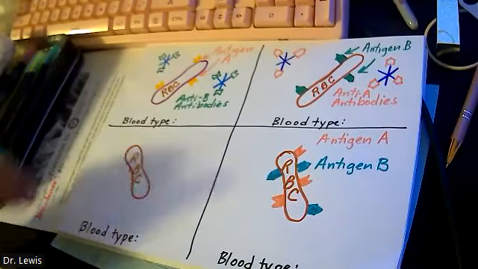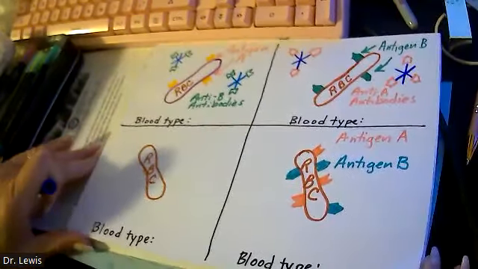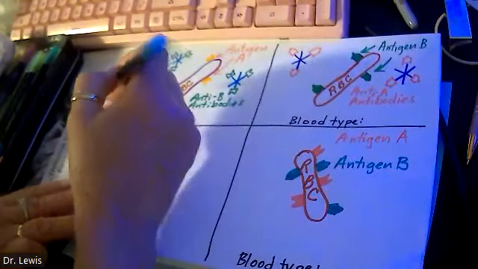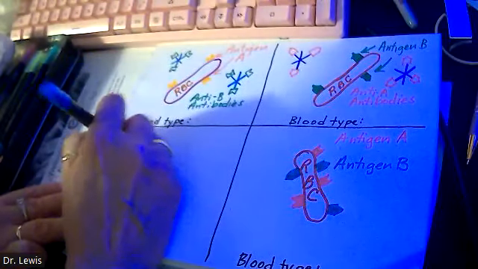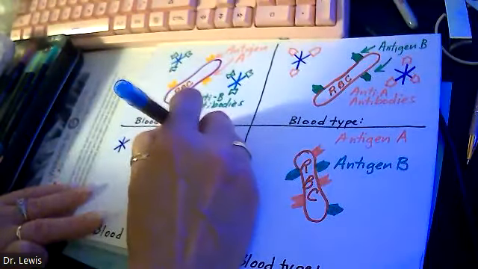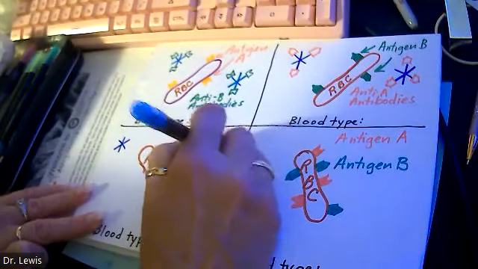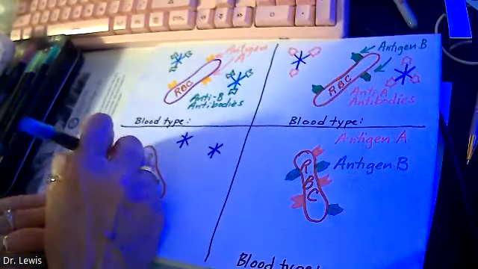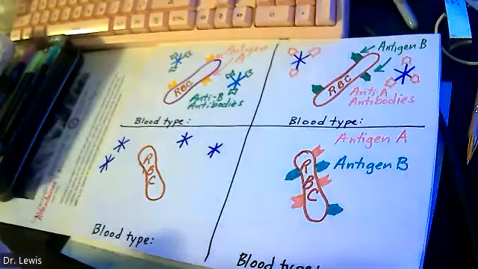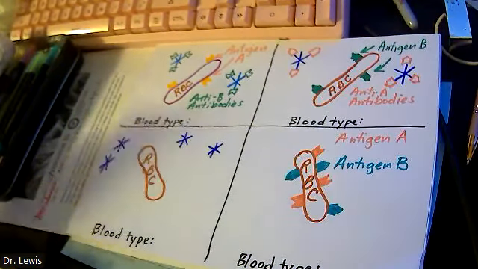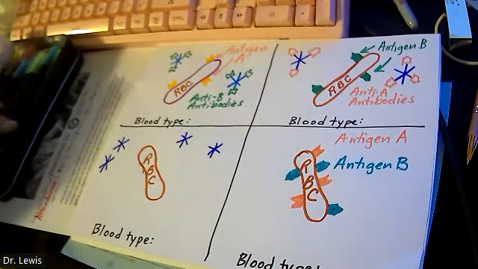There's one more type of blood in the ABO system, and we'll draw it here. Maybe I'll make too much of a mess and won't be able to.